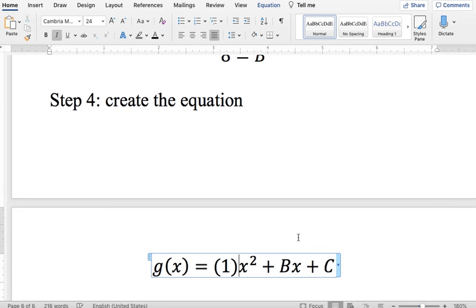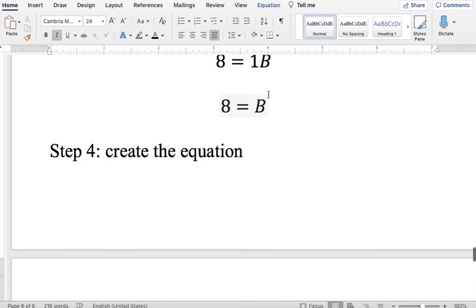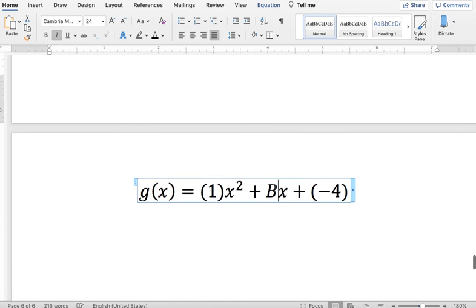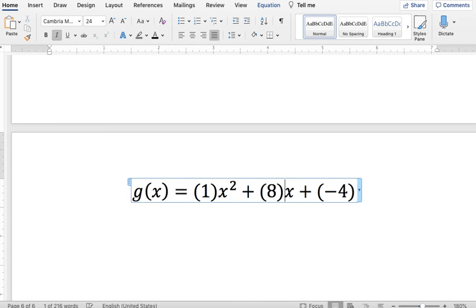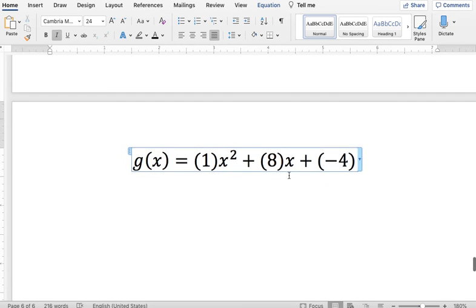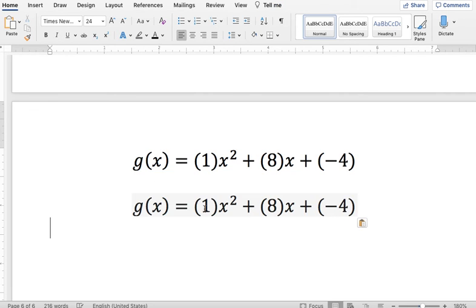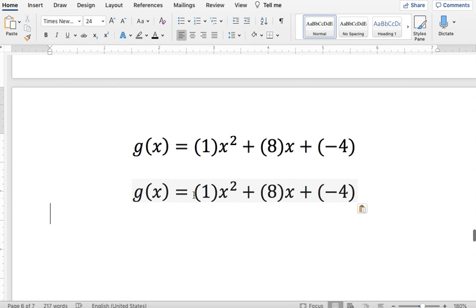A is 1, c is negative 4, b is 8. And once again, I'm substituting in by writing it in parentheses because that is the best way to make sure you don't make a mistake, but it isn't 100% necessary, not all the time.